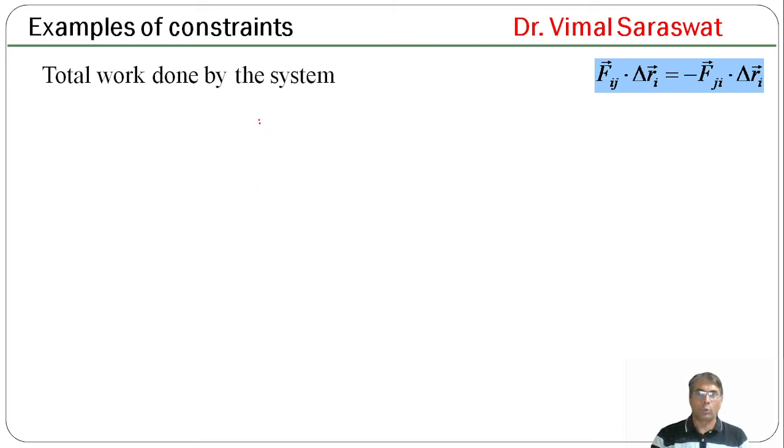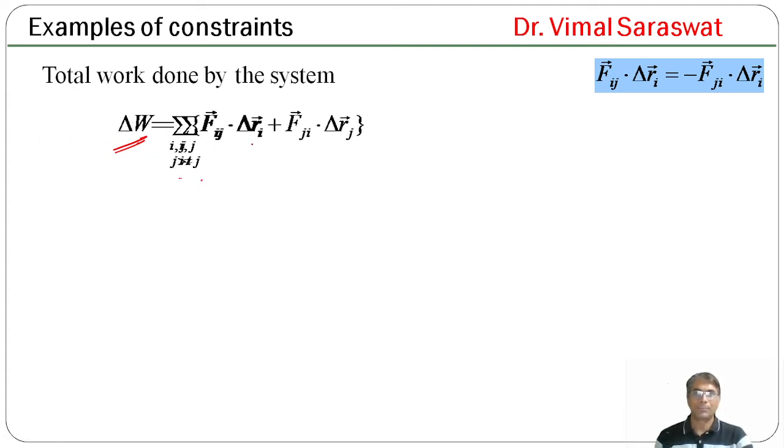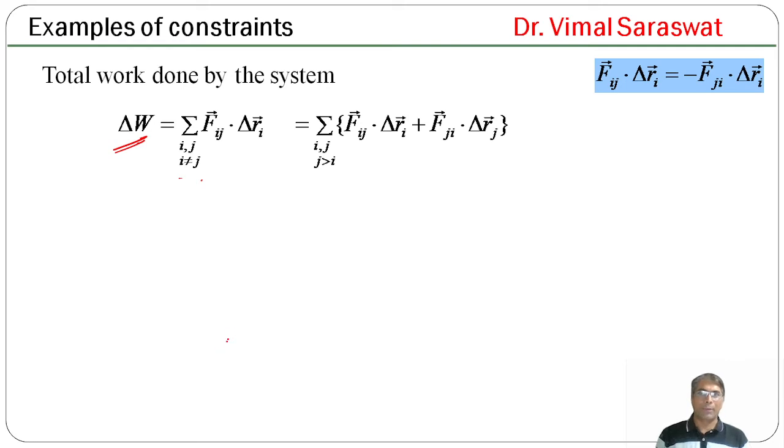Now, the total work done by the system, del W is equal to sigma ij, i not equal to j, Fij dot del Ri, or this will be equal to sigma ij, j greater than i, Fij dot del Ri plus Fji dot del Rj.